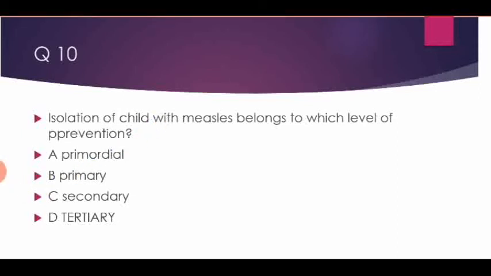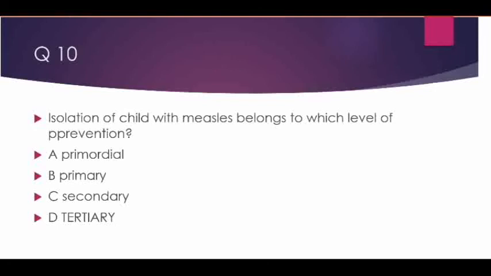On the other side, quarantine is to separate and restrict the movement of people who were exposed to a contagious disease. Here, if they become sick, it comes under early screening. So it comes under the secondary level of prevention. In quarantine, we separate those people who were exposed to a contagious disease, and we use early screening to see if the person is sick or not.